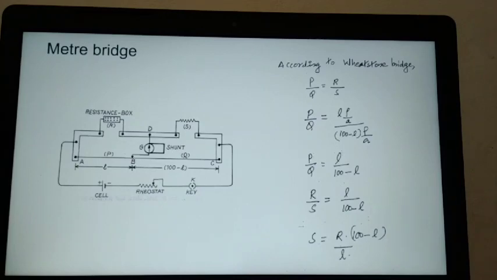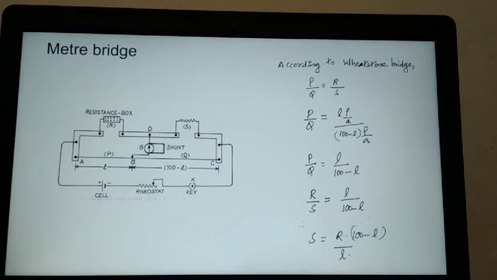When the jockey is at A, the galvanometer shows left deflection, and when the jockey is connected to the point C, it shows right deflection, which means between A and C, at a particular point, the galvanometer shows 0 deflection. Then the current flowing through the galvanometer is 0. So you have to find where the galvanometer shows 0 deflection.